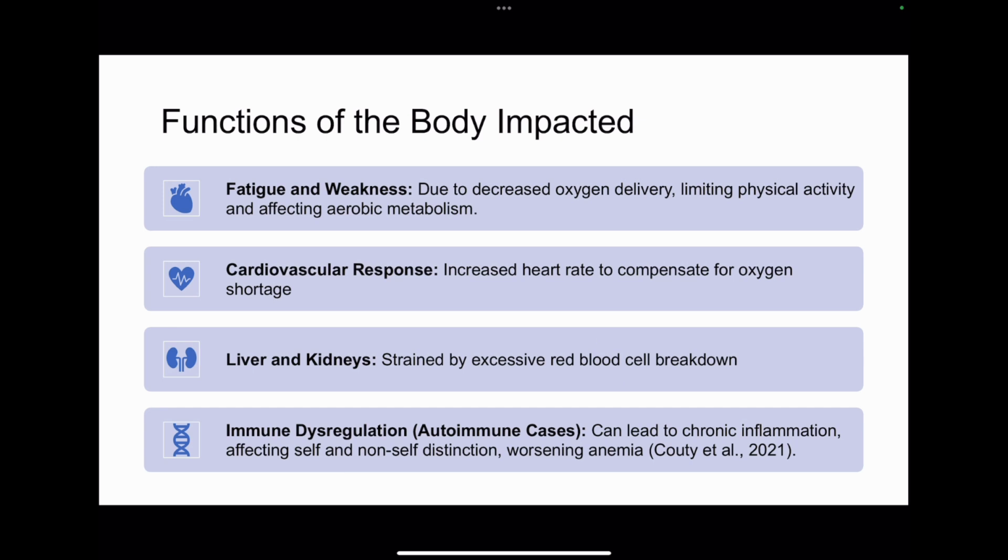The cardiovascular system responds to the oxygen shortage with an increased heart rate, and the liver and kidneys, crucial for waste clearance, can be strained by the excessive breakdown of red blood cells. And in the autoimmune cases, immune dysregulation can lead to chronic inflammation, affecting the body's ability to distinguish self from non-self, further worsening anemia and related symptoms.